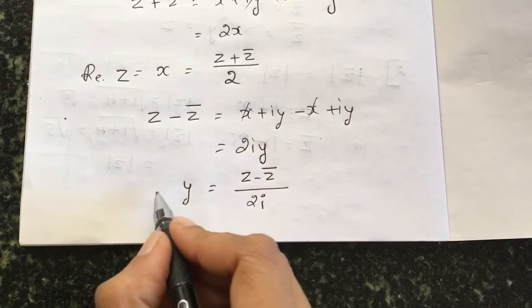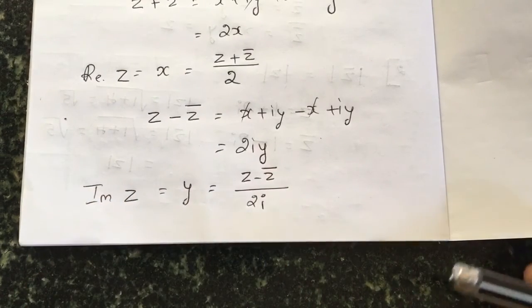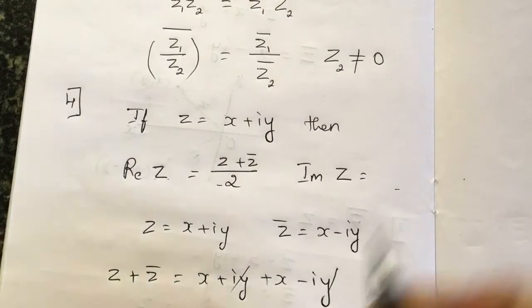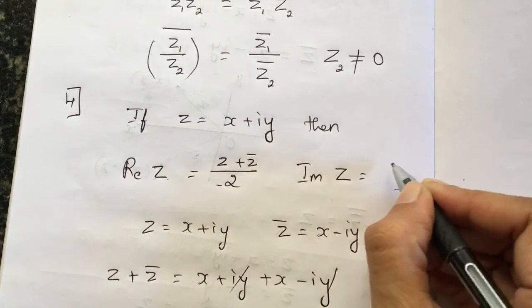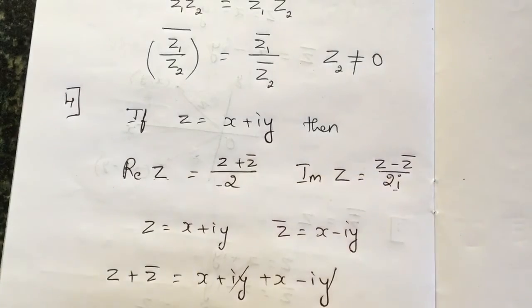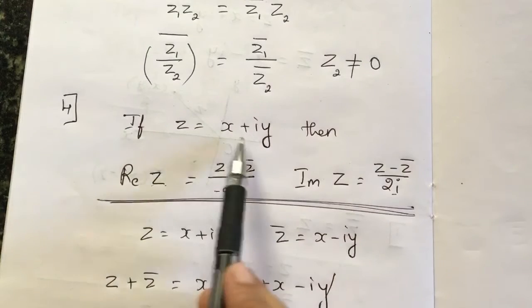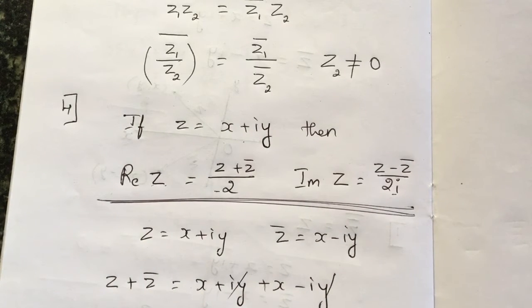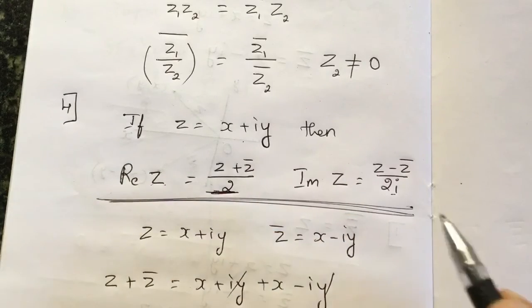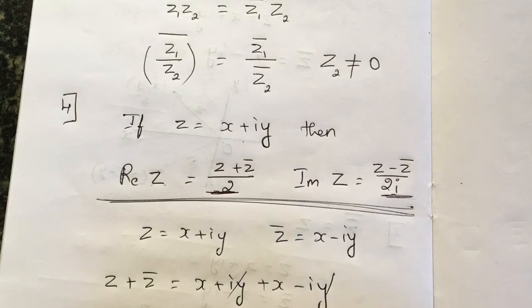Y is nothing but the imaginary part of z. So we can directly write the imaginary part of z as z minus z bar by 2i. This thing you need to remember. If z is x plus iy, then the real part of z is z plus z bar divided by 2, and the imaginary part of z is z minus z bar by 2i.